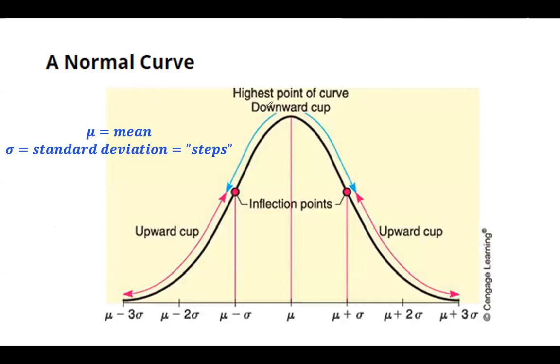So what is the normal curve? Well, here at the top, we see that this is the mean, which another fancy word is average. Here we have the mean plus one standard deviation. Here is the mean plus 2 standard deviations. Here it's plus 3. Here's the mean minus one standard deviation. Here's the mean minus 2, and here's the mean minus 3.